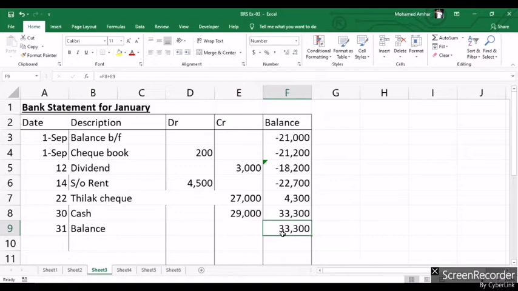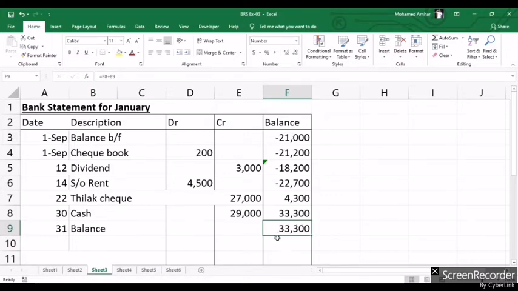Right. So this is the bank statement. At the end of the month, the bank sends this bank statement. When the customer, that means the business, receives the statement, the very first thing the business will check is the closing balance at the end of the month.